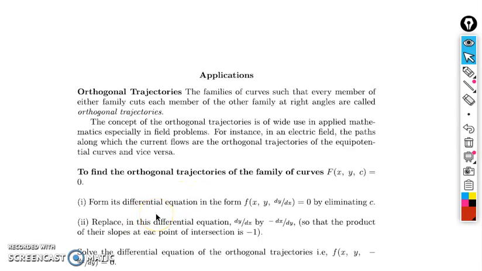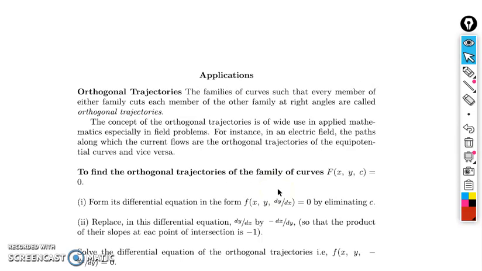So the general form of the curve in the two-dimensional system is f(x, y, c) = 0. If we consider c as the parameter, that means it represents a family of curves where different values of c give different curves of the same nature, which, as mentioned in your class, represents the arbitrary constant.